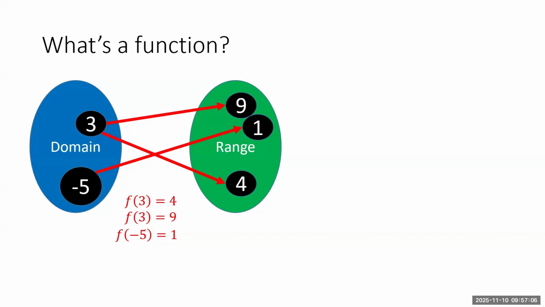I also have an arrow coming out of -5 going to 1 from the domain space to the range space. I now have the information F of 3 is 4, F of 3 is 9, and F of -5 is 1.